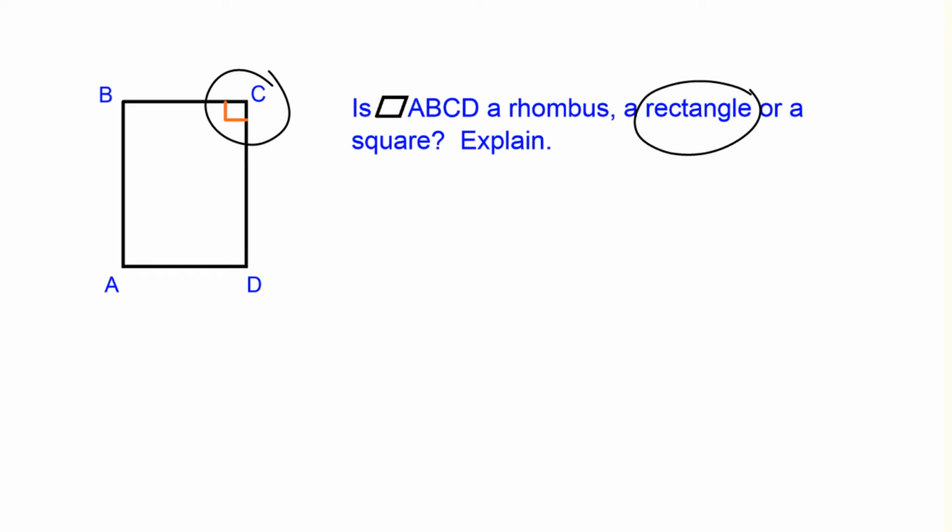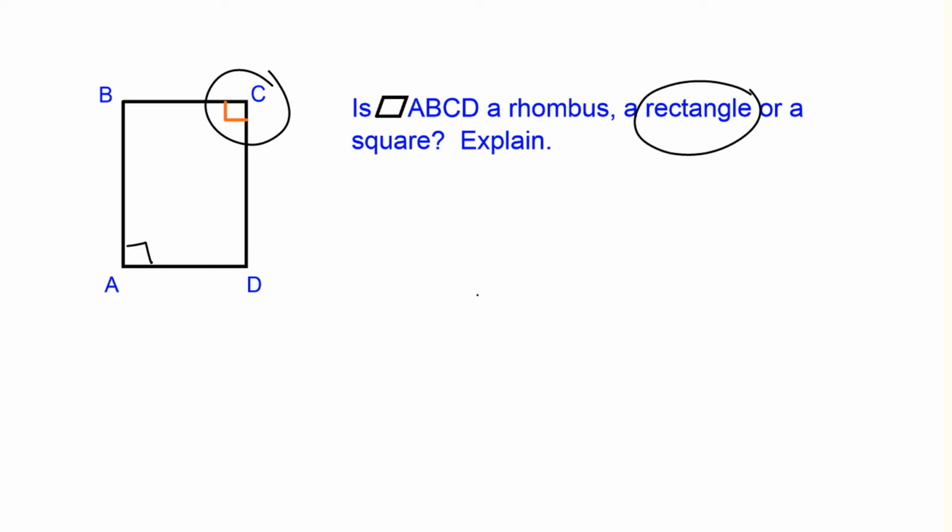Remember the properties back in our previous lesson: the properties of a parallelogram tell us that the opposite angles are going to be congruent. So if angle C is a right angle, that means angle A is a right angle as well. And then we remember that our consecutive angles are going to be supplementary, so they're going to equal 180.